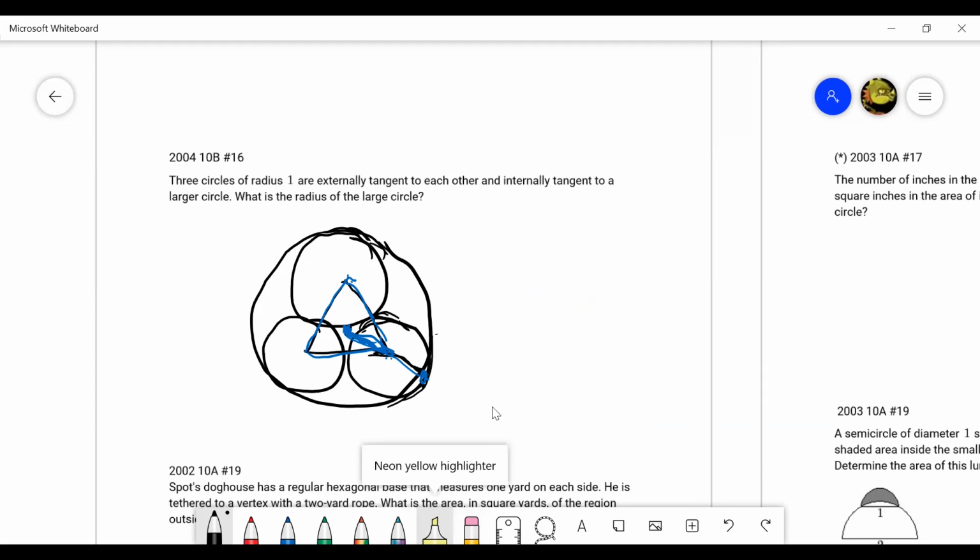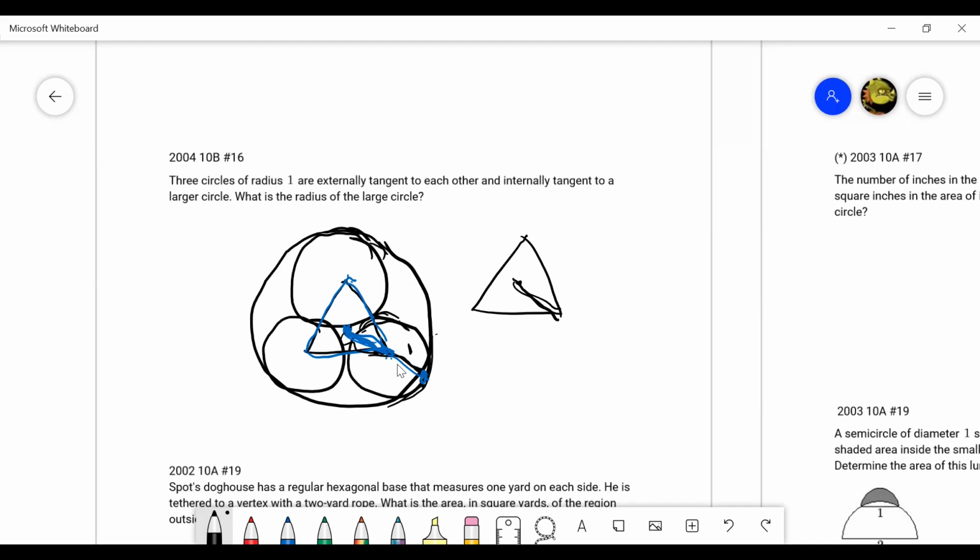So now all that we need to do is add up these line segments. We're given that this is just 1, so you need to find this. Now that you've broken down a bigger problem into a smaller problem, you can only focus on what's necessary, and that's just this triangle here.